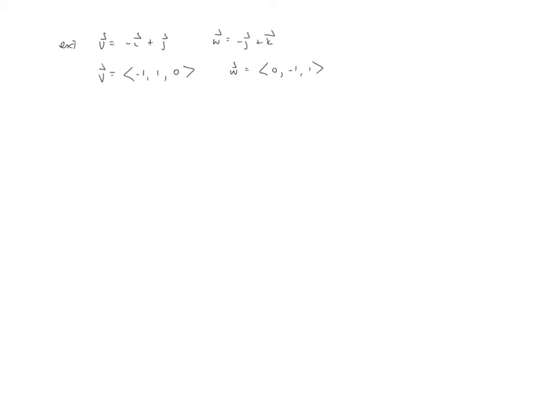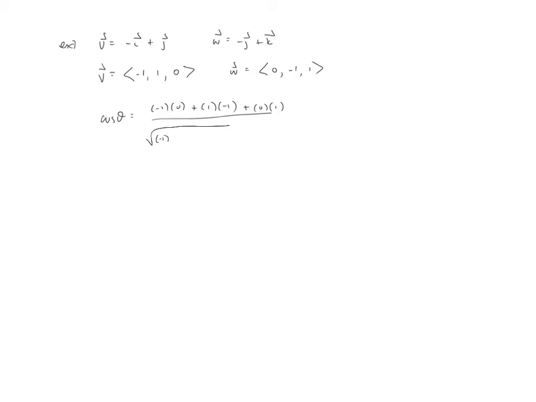So cosine of theta is going to be v dot w. The dot product would be -1 times 0 plus 1 times -1 plus 0 times 1. And then in the denominator, we're going to have two square roots.